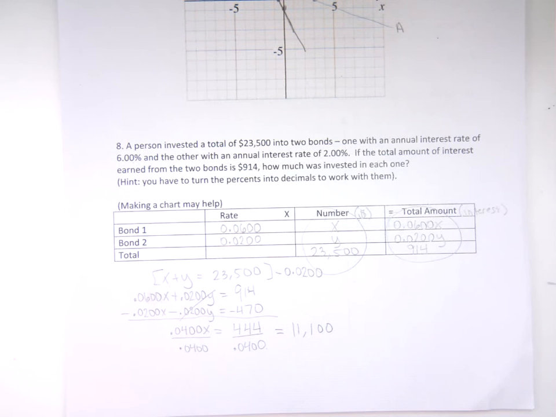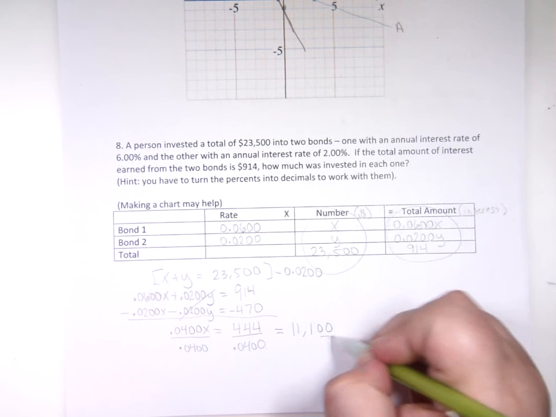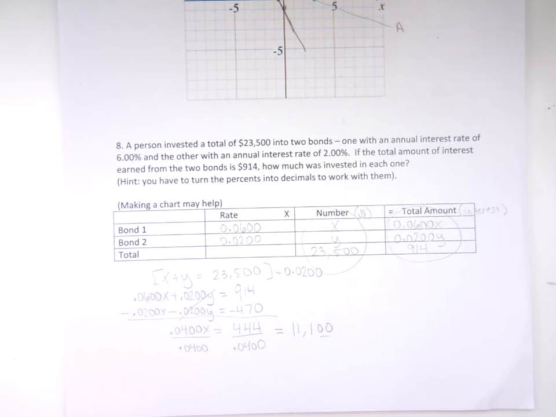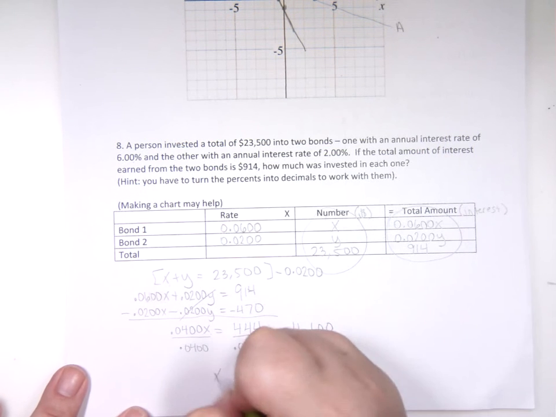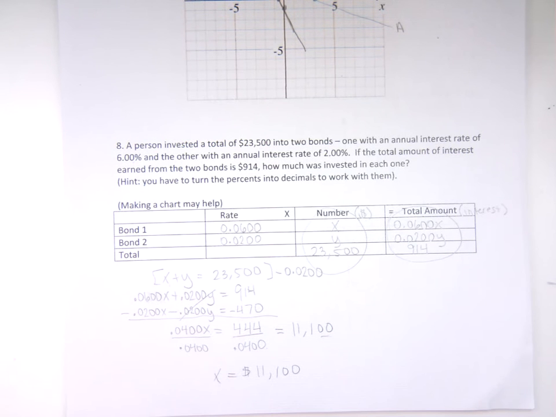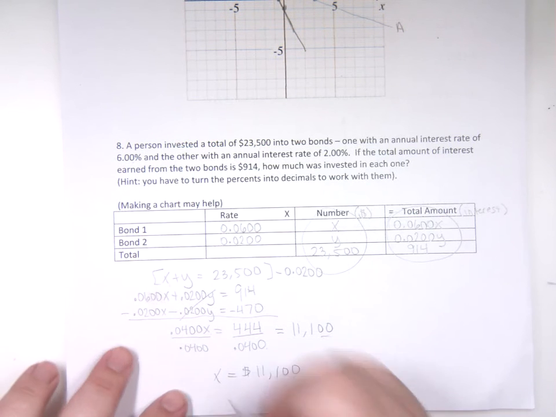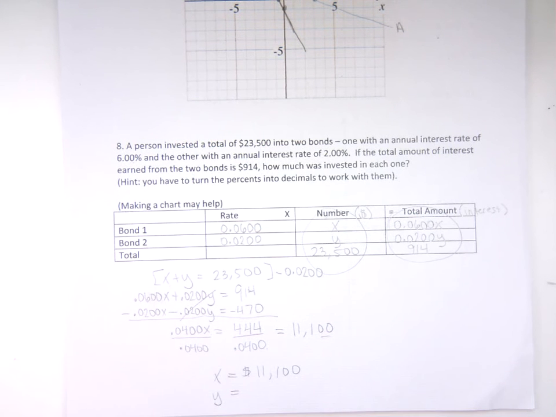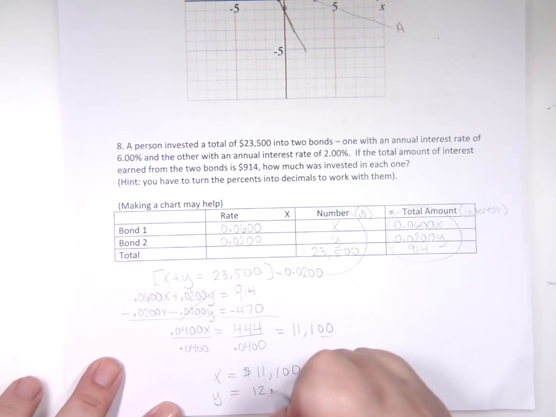Remember that these 2 zeros at the end are not significant. And so we know that X was $11,100. So that went into bond 1. And so if there was a total of $23,500, we just have to subtract the amount that X was to get Y. And so we end up with $12,400.